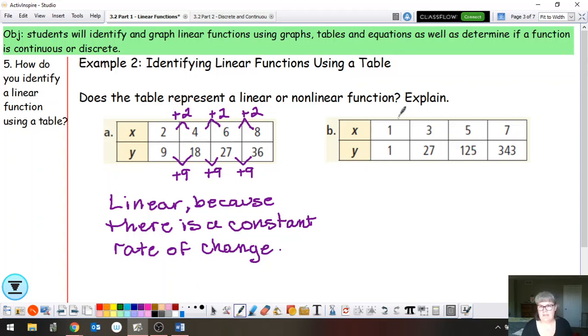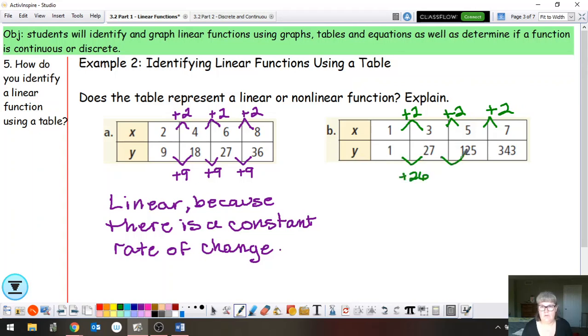Let's take a look at the second table. The increase from 1 to 3 is by 2. From 3 to 5 is also increasing by 2. From 5 to 7 is increasing by 2. And when we're looking for rate of change, we're looking for how much we are adding or subtracting. On y, we're increasing by 26.